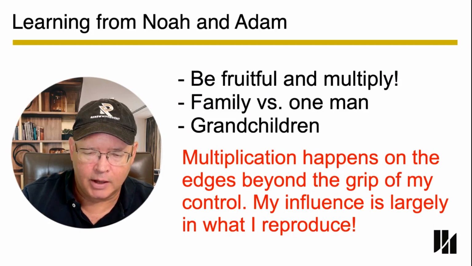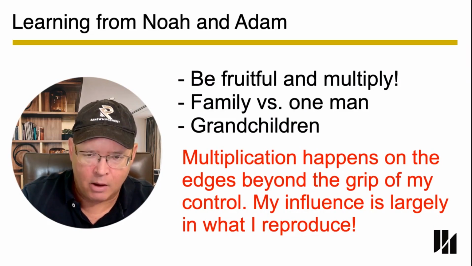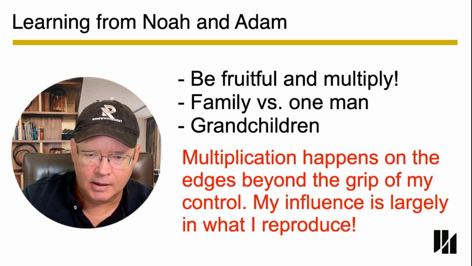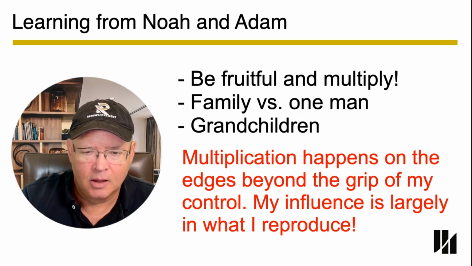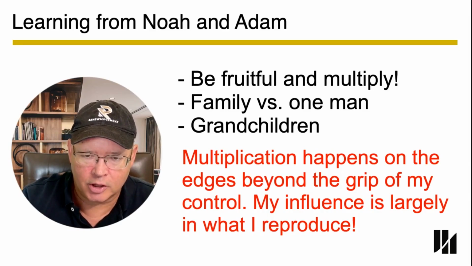If I want to impact 4 generations from now, I do it through how I reproduce in a healthy way and how I embed DNA into my kids. And so the principle here is multiplication happens on the edges beyond the grip of my control. I can't control multiplication. I can only influence multiplication largely through what I reproduce in the generation that's right in front of me.